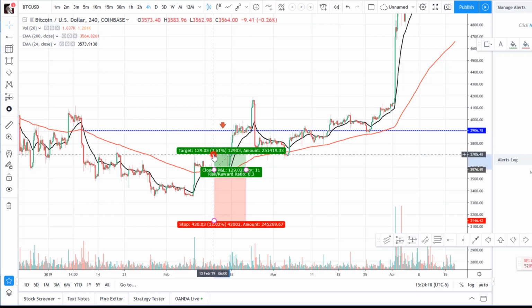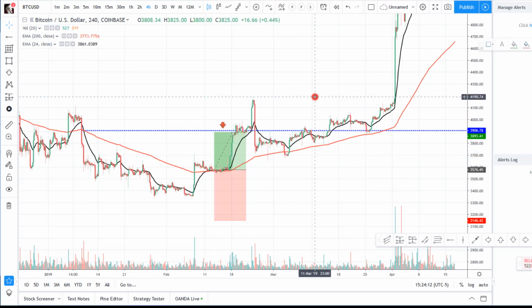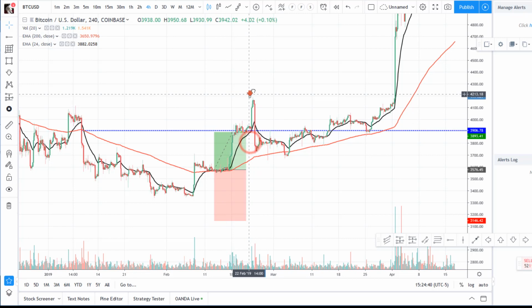And if you were still in this trade, you got what you expected, a slowdown. Now it had an overextension and then a big sell-off. But what do we notice here?